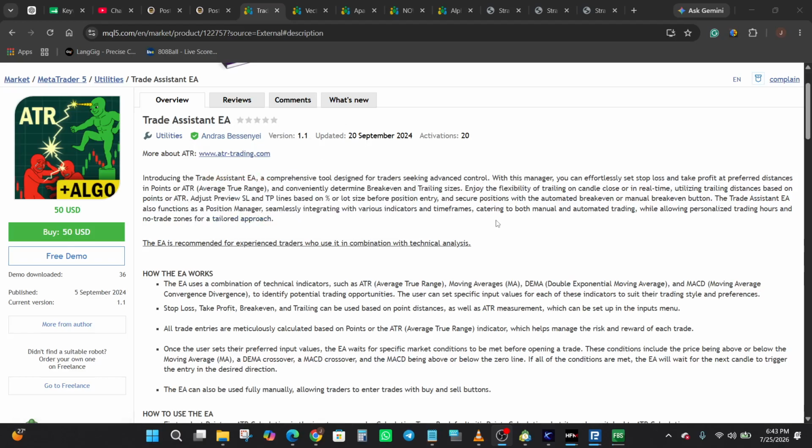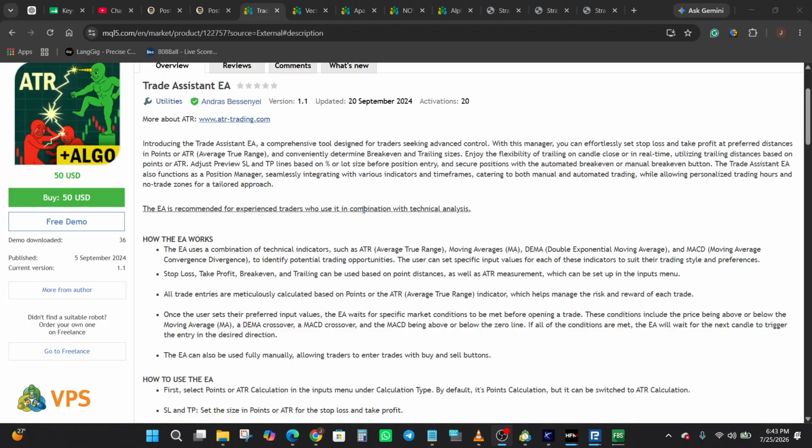It also works as a position manager that can integrate with other indicators and time frames. It supports both manual and automated trading and lets you set personalized trading hours and no trade zones.